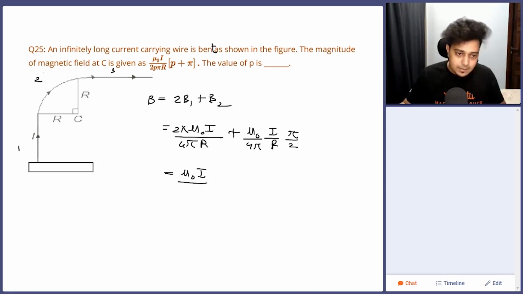We can take pi by 2 also, but we want pi, so we'll have to multiply by 2 here and divide by 2 here. So that we can take 4 into 2, 8 pi r common. Mu naught common, I common. So what do we have here?